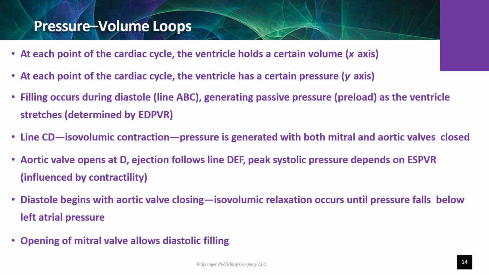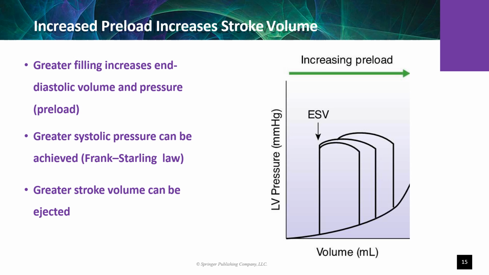In every point in the cardiac cycle, the ventricles have a maximum volume and a maximum pressure that they can sustain. Pressure volume loops show how preload affects cardiac stroke volume and its work.